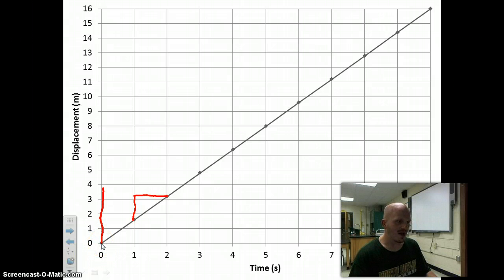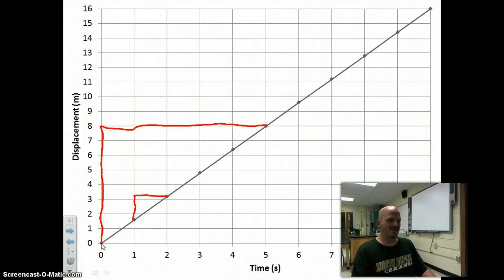Then I'm going to go up, all the way up to 8, because that's my next time I hit a whole number. And there we go. So my rise is 8, my run is 5. So my slope is 8 over 5, which works out to be 1.6. So my velocity here is 1.6 meters per second.